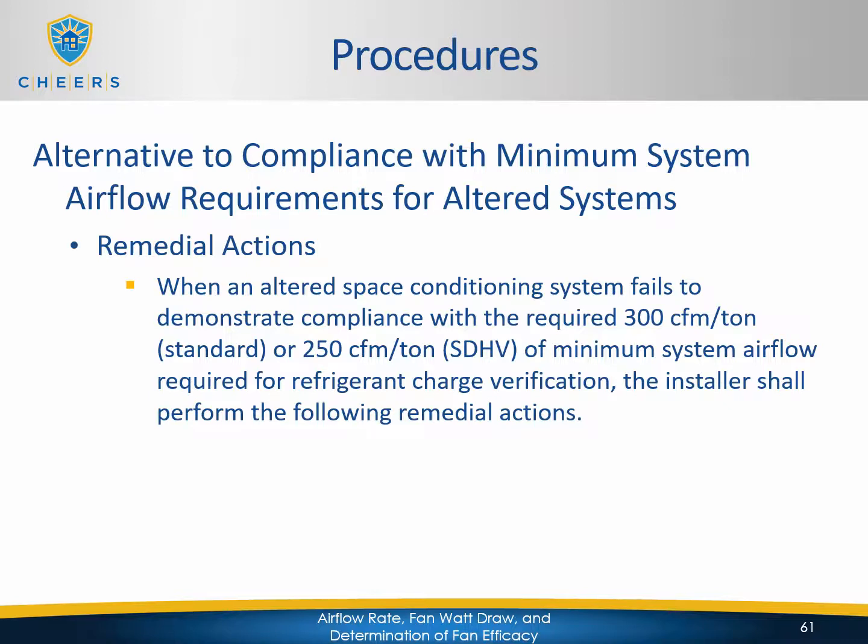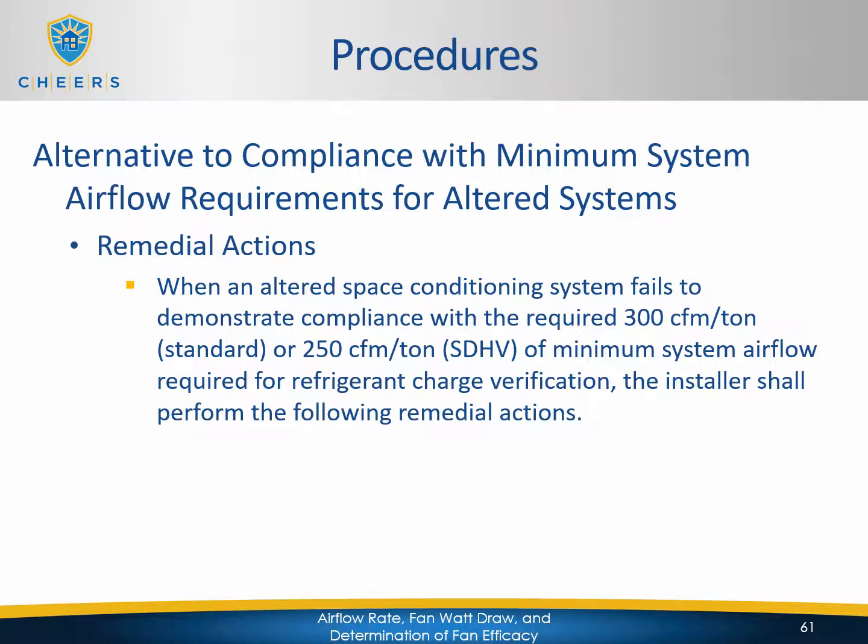However, if you perform your test and you're unable to achieve either the 300 or 250 per ton, there is an alternative method available within the standards to try and get this system passing through the procedures. What this entails is for the contractor to perform some remedial actions.